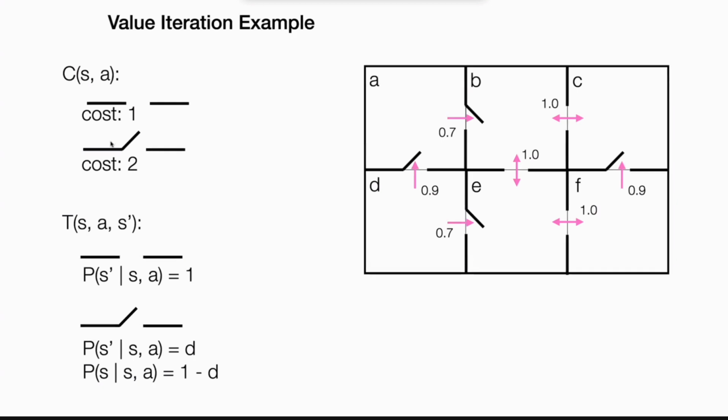So it's more expensive to go through an actual door. If I go through a gap, I have probability 1 of reaching the other side. If I try to go through a doorway, I have probability D of reaching the other side, and probability 1 minus D I stay in the previous state.